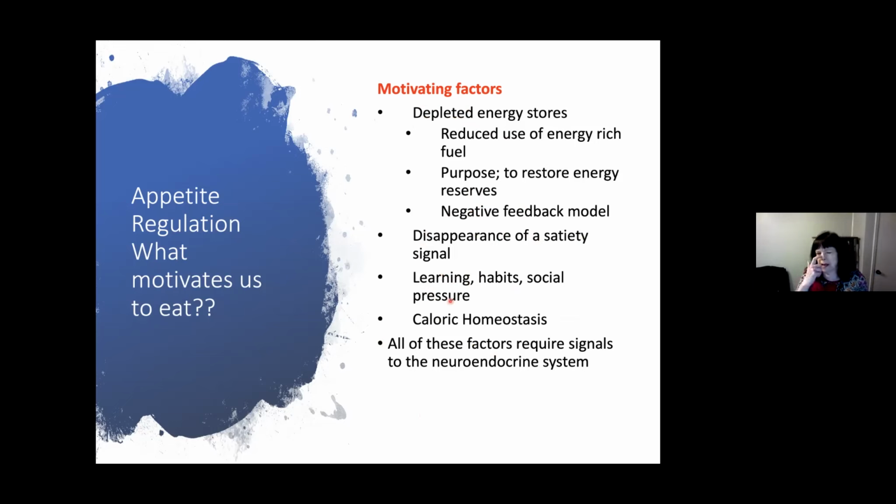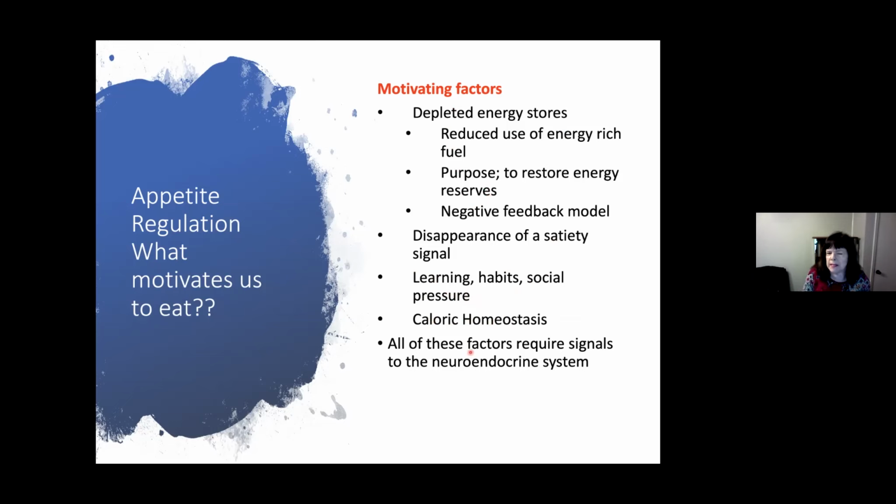If you are at a cocktail party and people send wonderful trays of food your way, you may not be hungry at all, but you may find yourself eating no matter what. And then caloric homeostasis. This relates to individual cells and their state. And all of that is added up to really signal depleted energy stores as needed.